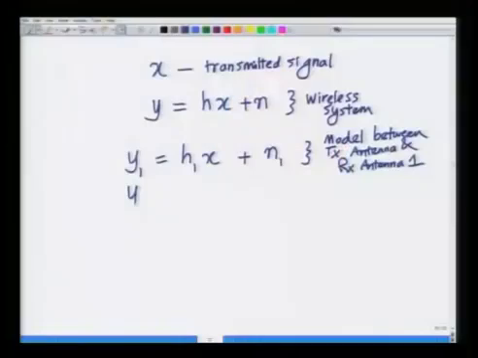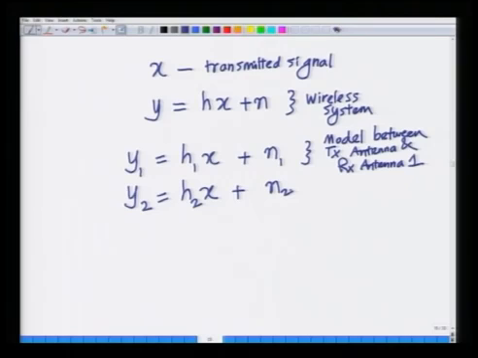Similarly, Y2, the signal at receive antenna 2, is H2, which is the fading coefficient between the transmit antenna and receive antenna 2, times x plus N2, so on so forth. YL equals HL, which is the fading coefficient for the Lth link, times the transmitted signal plus NL.